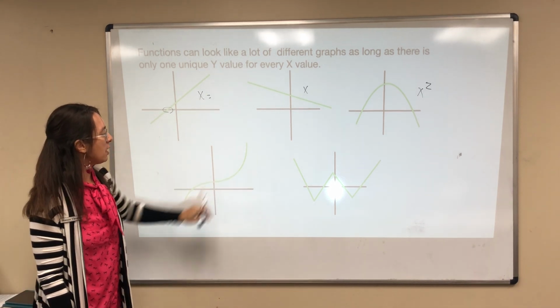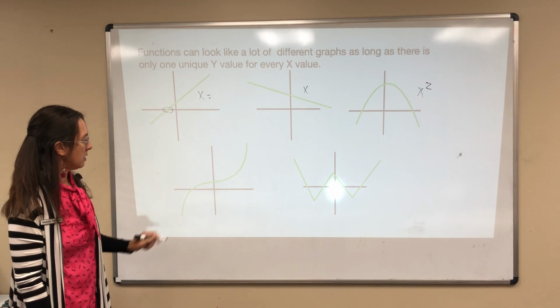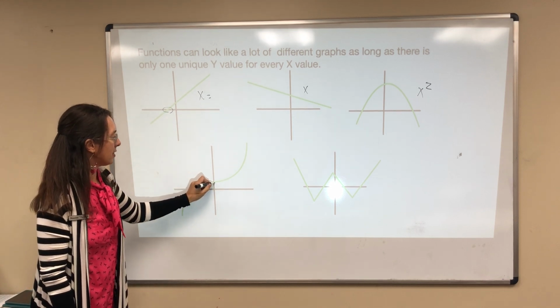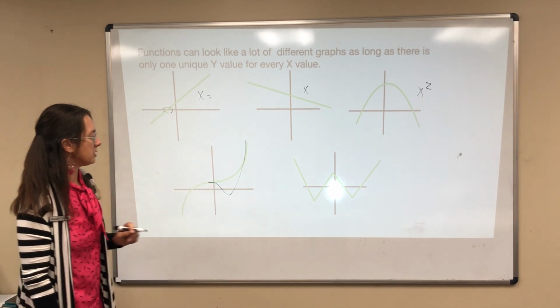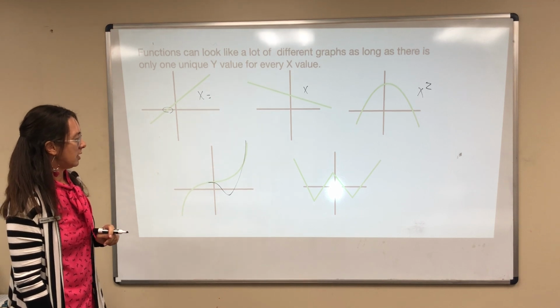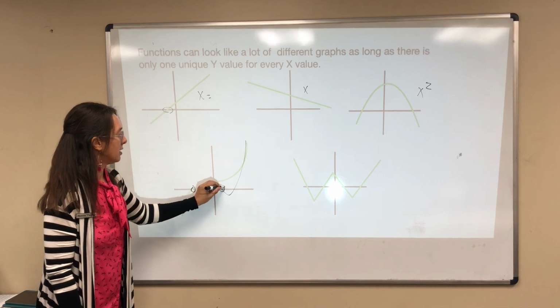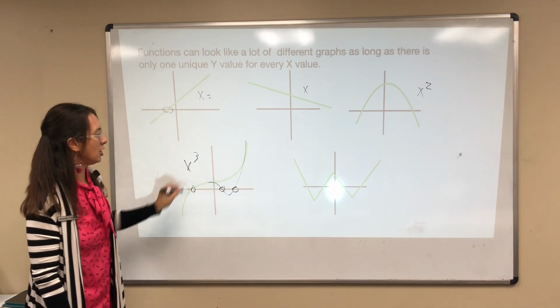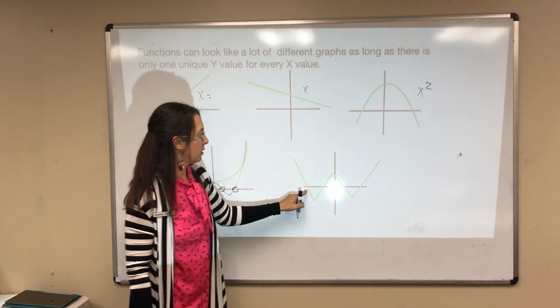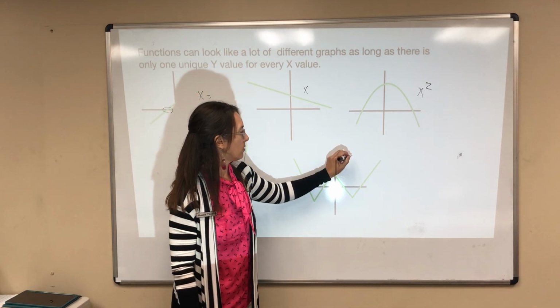This one looks funny. How many could it have? Just one. What if I bent this part down and did like that? No, 2. How many does it have? 3. So that's an x cubed. How many does this one have? 4.